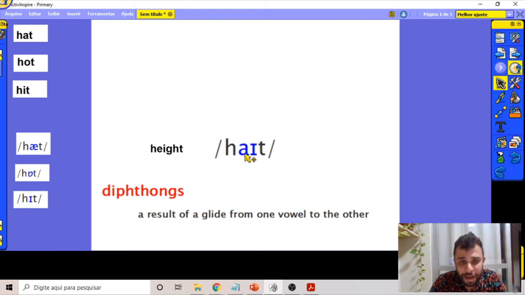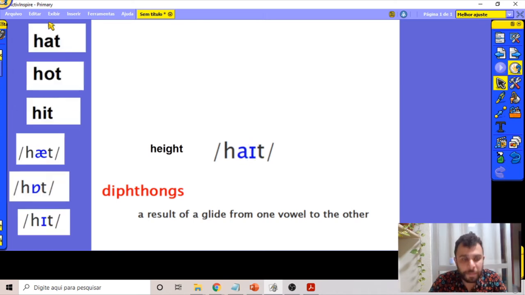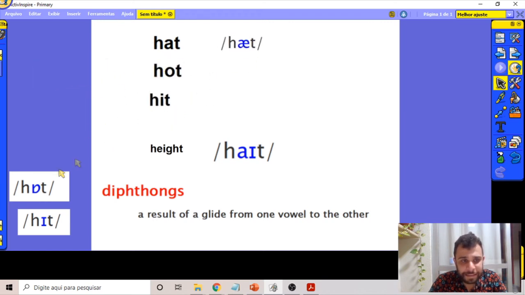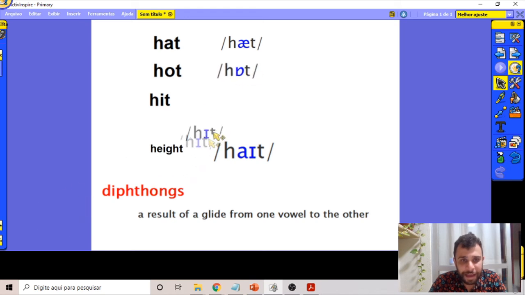If I have 2 short vowel sounds in a sequence, why are they considered just one phoneme and not 2 phonemes in a sequence? Because if you take these words, for instance, hat, hot, and hit, you can see that the only difference between them is one sound.